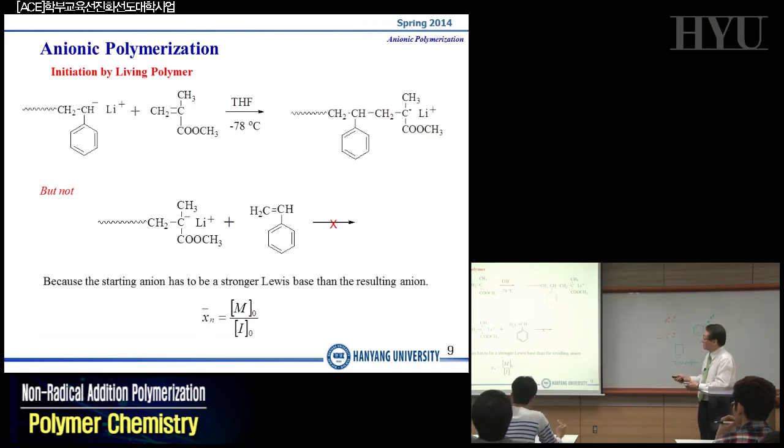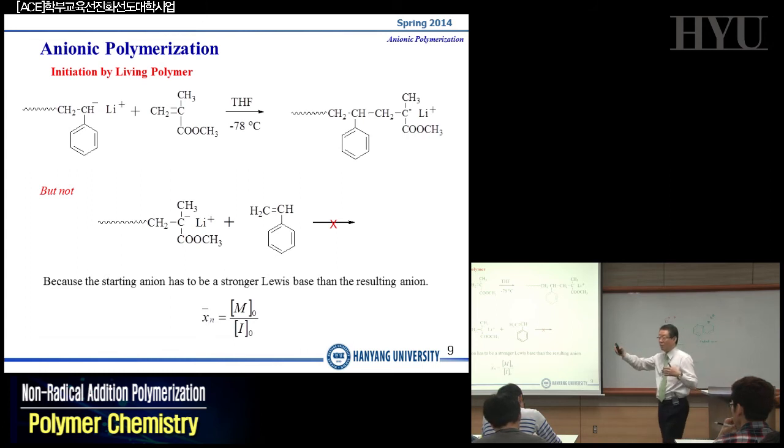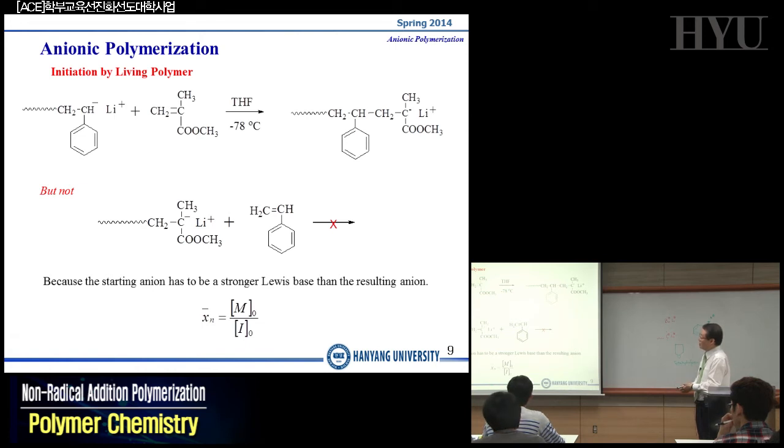Therefore, this second reaction is not possible. So if you have styrene monomer and methyl methacrylate, you always form polystyrene rather than a copolymer of styrene and methyl methacrylate. But anyway, in this case as well, we can determine the degree of polymerization as M0 over I0, where M is the styrene and I is the initiator butyllithium.